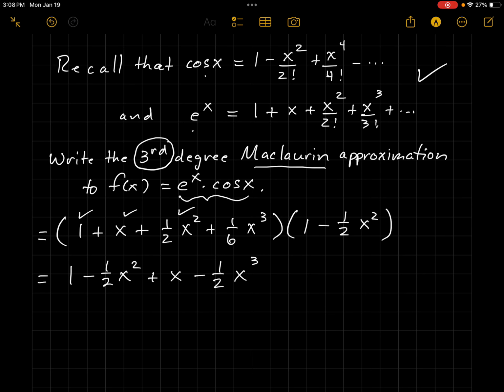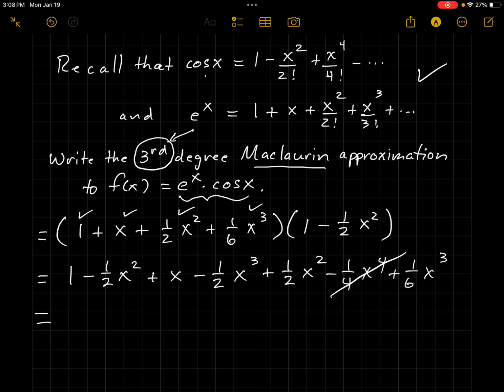Distributing the 1/2 x squared across the back, I get plus 1/2 x squared minus 1/4 x to the 4th, but I don't need that term because that's higher than the power we're looking for. Distributing the 1/6 x cubed gives me 1/6 x cubed minus something to the 5th power, so I wouldn't need that either.